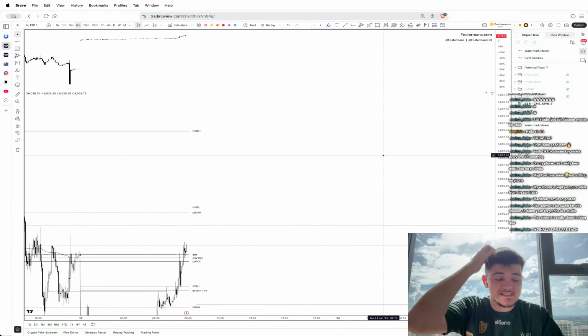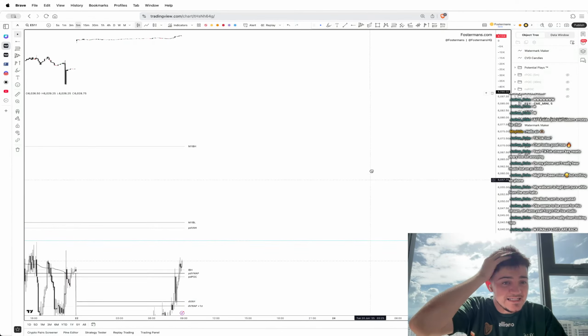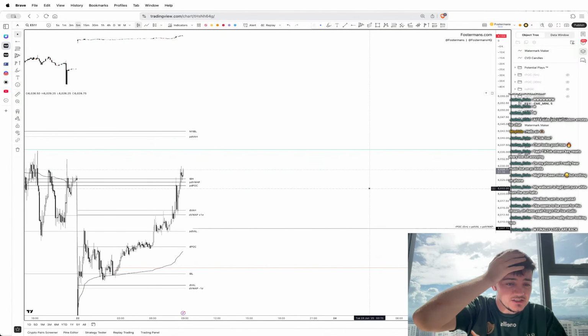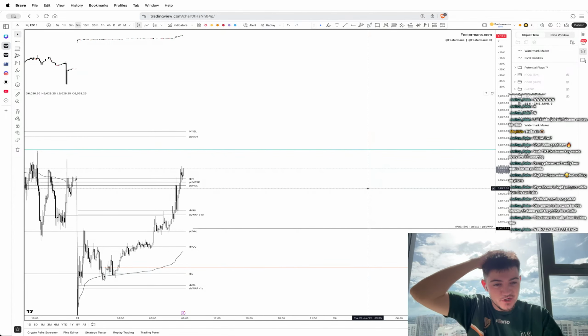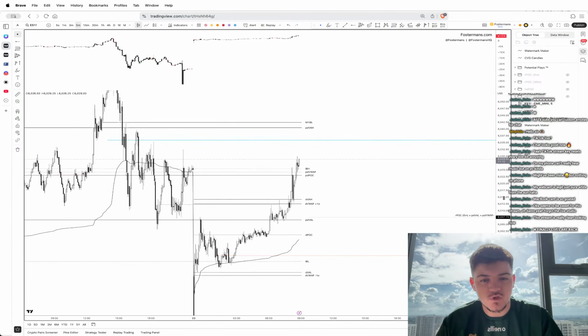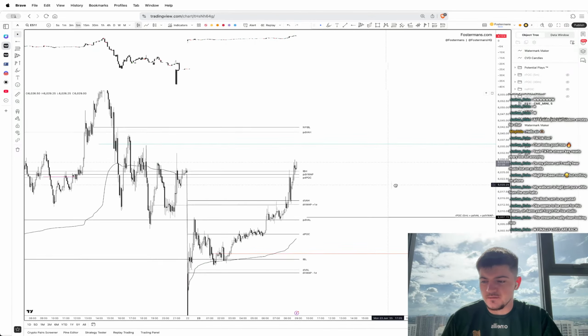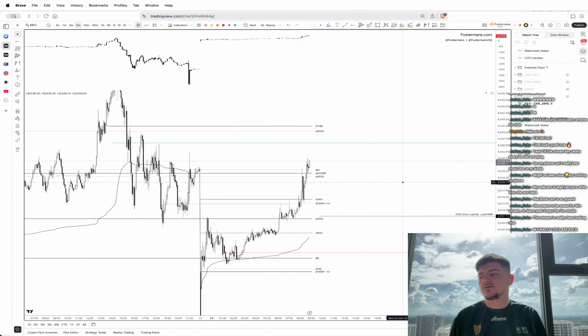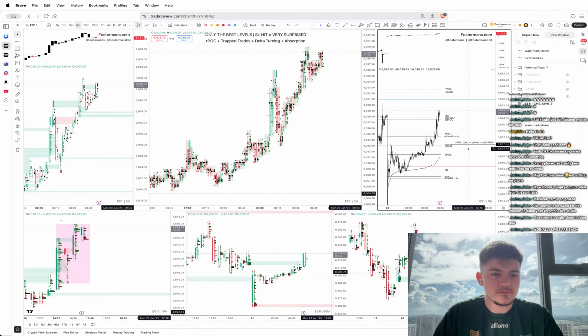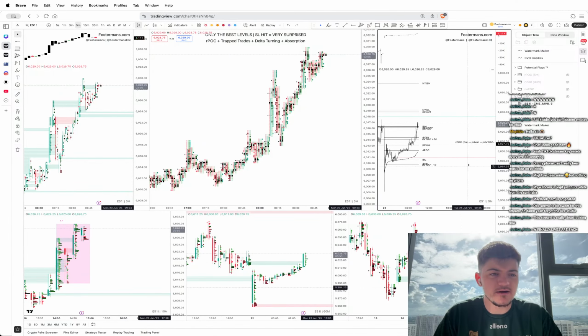Potential plays is 6,090 and 6,007.5, but I would just classify that as 6,008. You know, you get a little bit of wiggle room obviously around these levels. That's the whole point of the footprint chart. Okay, so there's the levels for here.